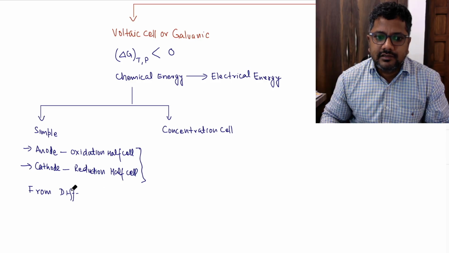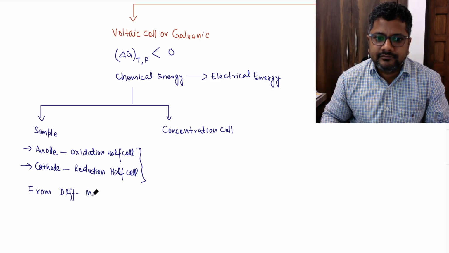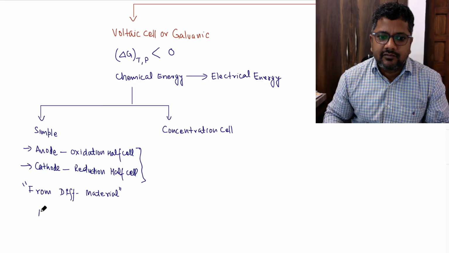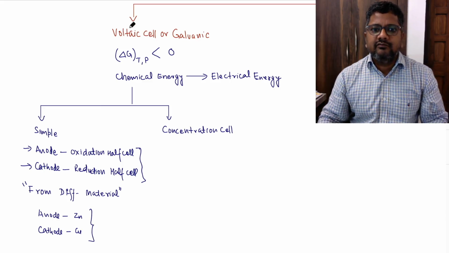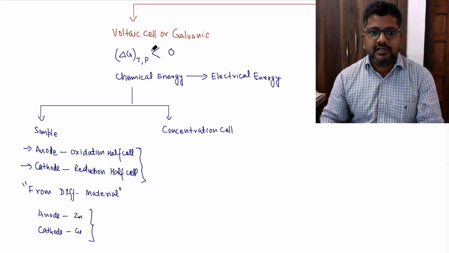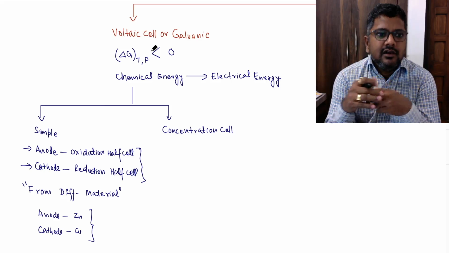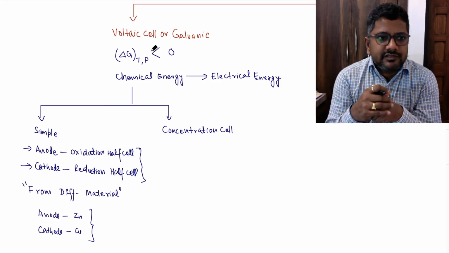For example, anode from zinc and cathode from copper. So this is a simple voltaic cell.